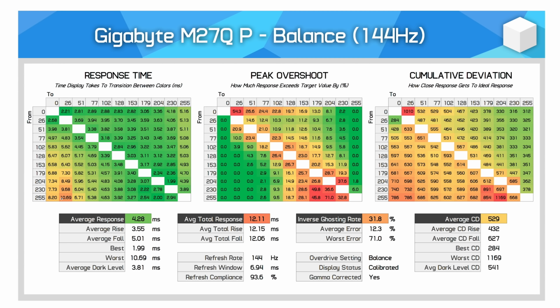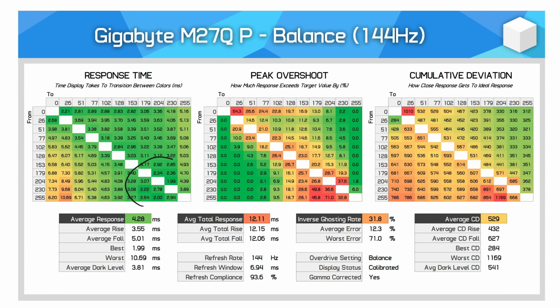However, if we look in, say, this section, we have slower response times, no overshoot, but this creates weaker cumulative deviation numbers because effectively we're summing the results of the response times with the overshoot, and that creates these weak cumulative deviation numbers. You'll see something similar for this top section. We've got relatively fast response times, however weaker overshoot behavior, and that creates middling to weak cumulative deviation numbers.